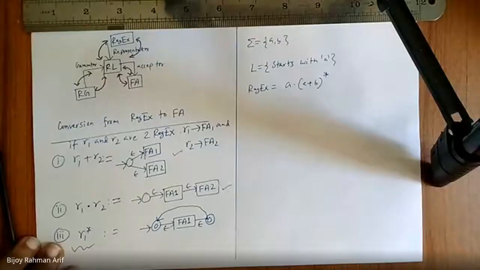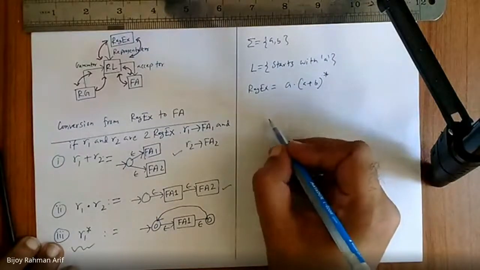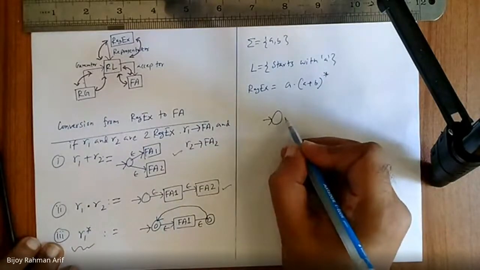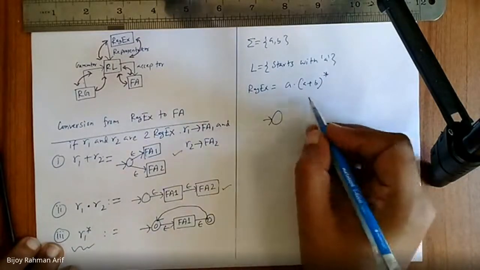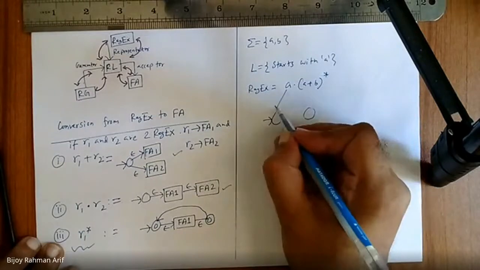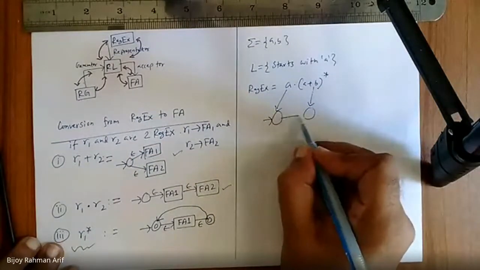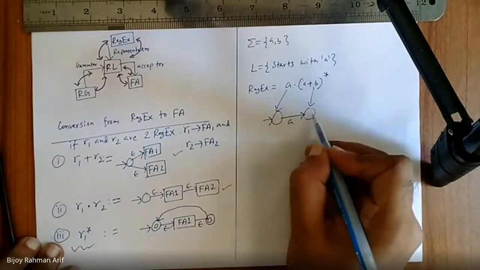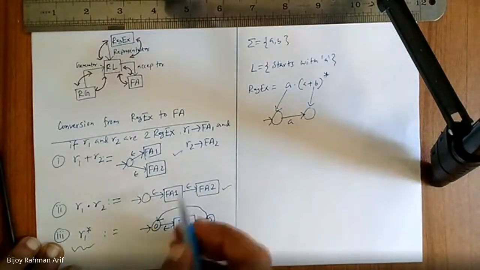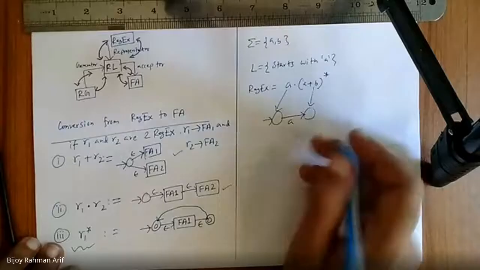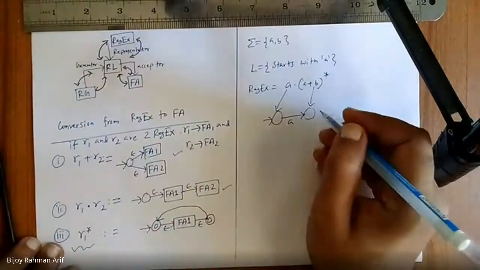Am I right? So what would be the regex? Let me create two nodes. This is the start state, and so on. Seeing A, I'm going there. See this rule, we have to add. So seeing A, we are going here. Epsilon move is required here, not required here.